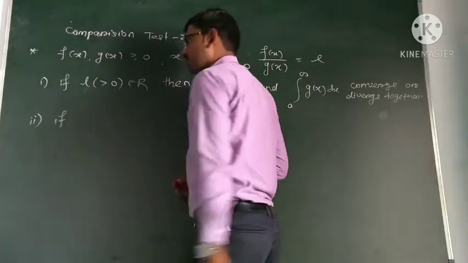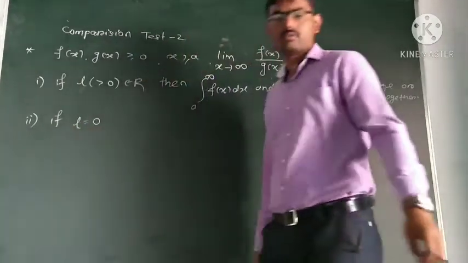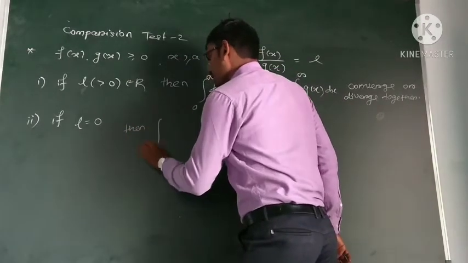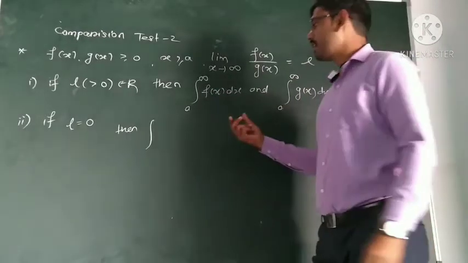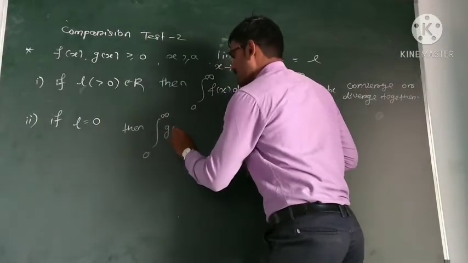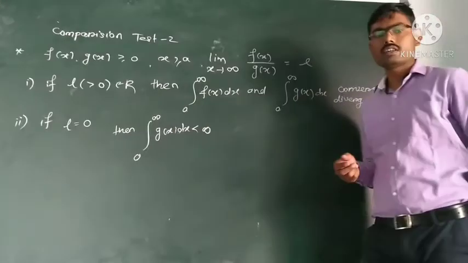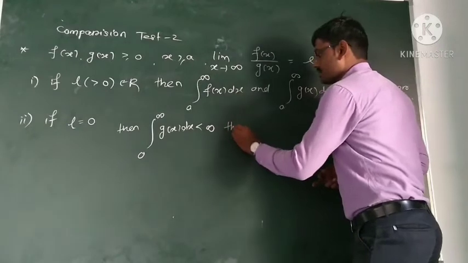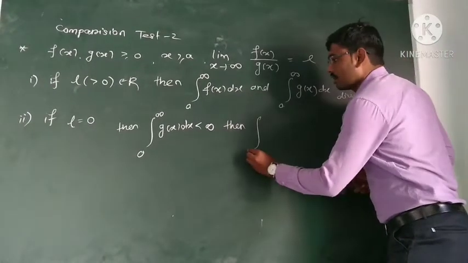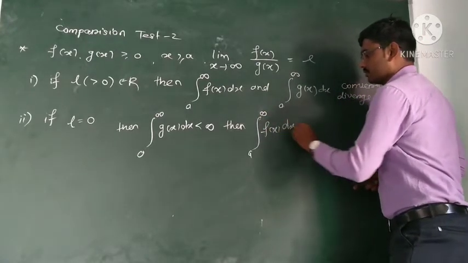The second case is if L is equal to 0. Then, if the improper integral of g of x is convergent, then the improper integral of f is also convergent.